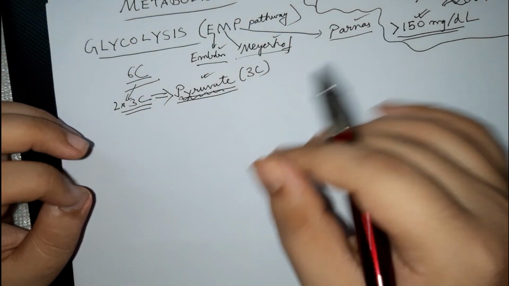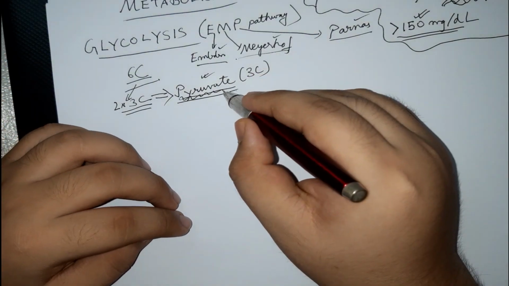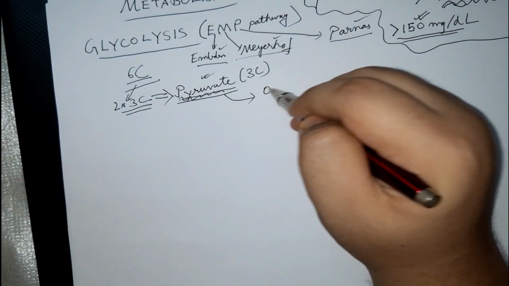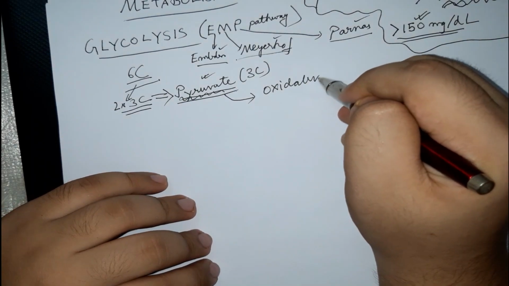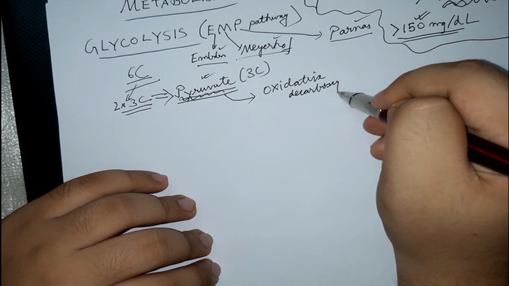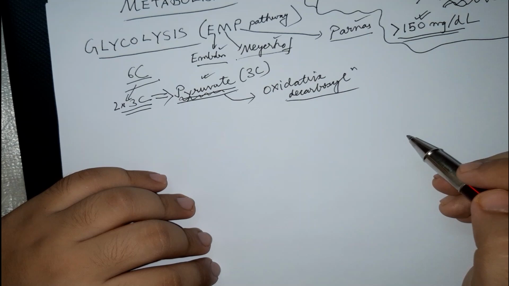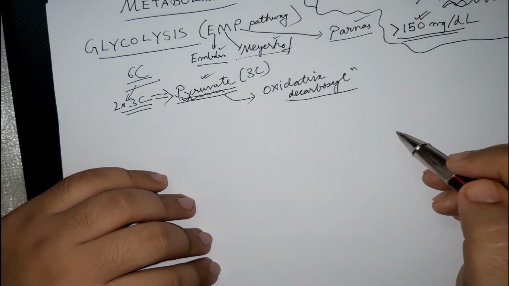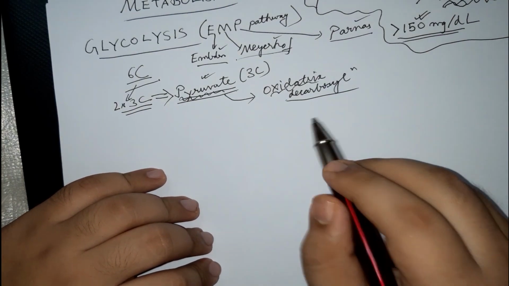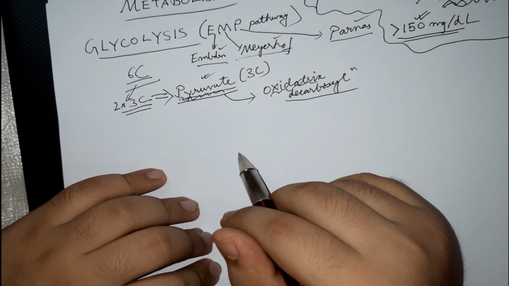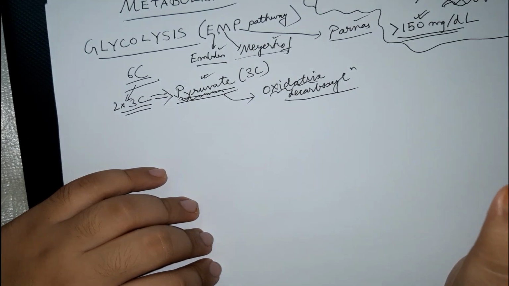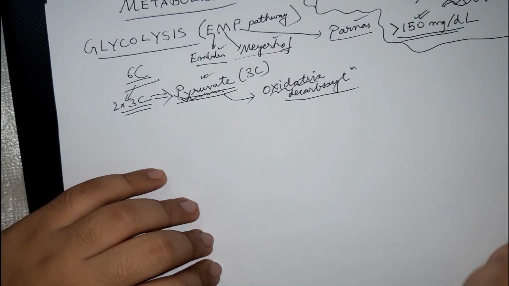So under aerobic conditions, when oxygen is plentiful, pyruvate goes on to what we call oxidative decarboxylation. We all know this, right? These are not things that we are listening to for the first time. We have all learned about these, I hope so. So this is just a recap of things. So by oxidative decarboxylation it will be converted to acetyl CoA and then it will go on to the very special Krebs cycle, right?